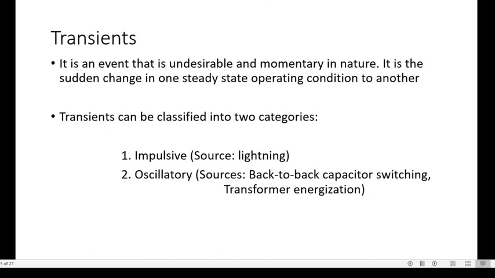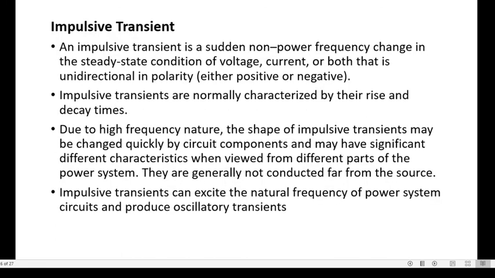So transients can be classified into two main categories: impulsive transient and oscillatory transient. For the impulsive transient, the source is lightning, and for the oscillatory, that is a momentary transient, the sources are back-to-back capacitor switching, transformer energizing, reclosing operations, and many more. So let us see the impulsive transient in our next video lecture.